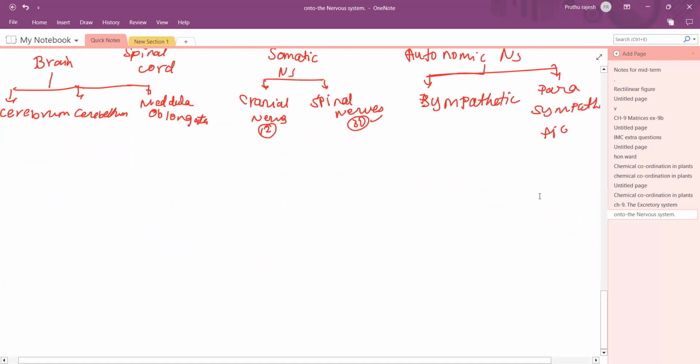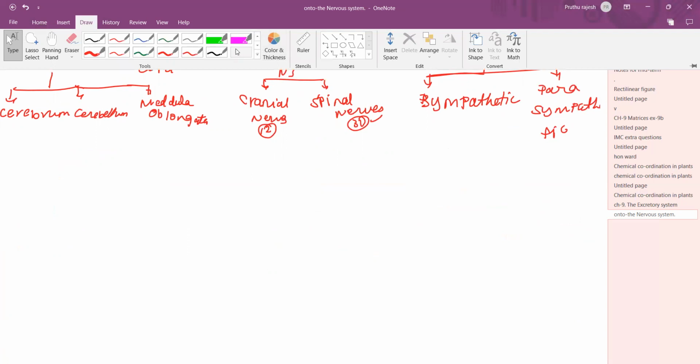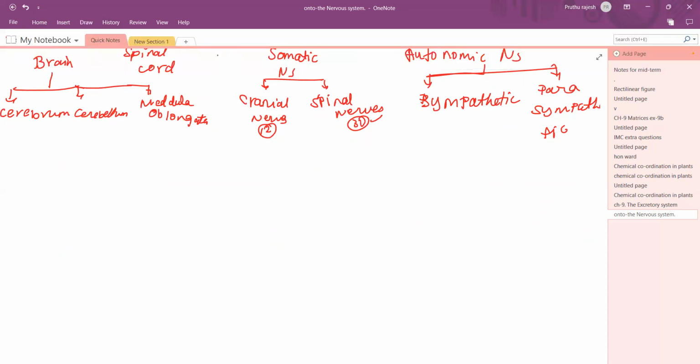Let us write notes for brain. First point is human brain is the largest brain in comparison with other animals.